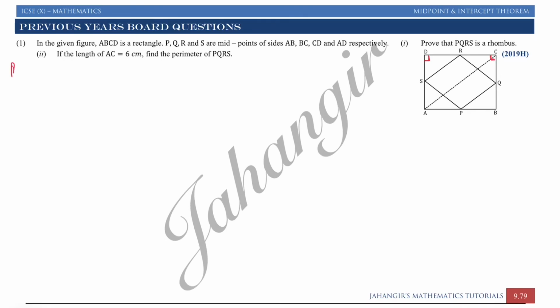So in the proof we have to consider two triangles. First you have to prove it is a parallelogram. First I will take triangle ABC, or you can take ADC.